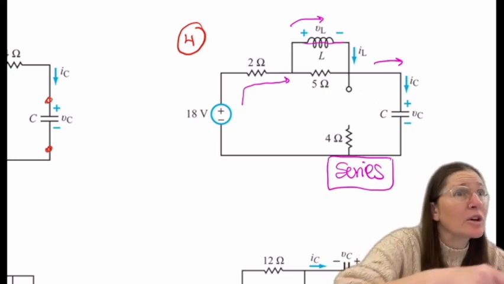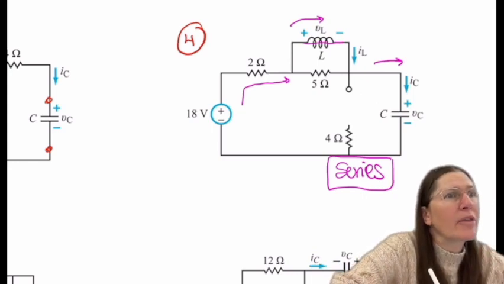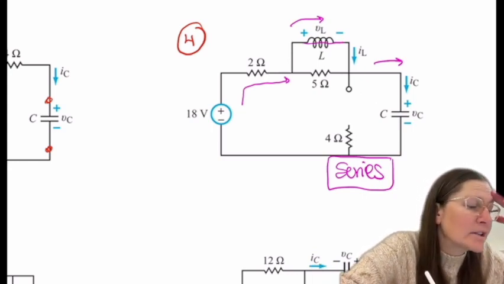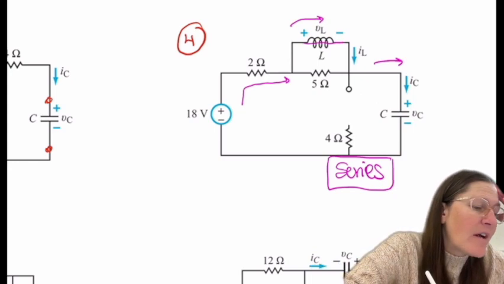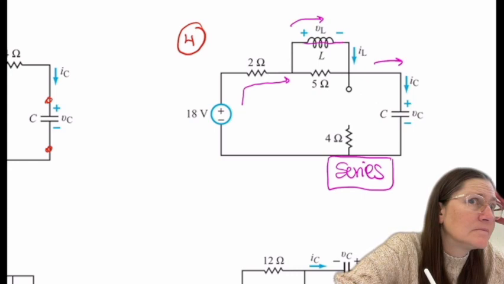If it's the same current flowing in one branch, thinking about the inductor as a wire, in this case you have to know what's going on with the 5. We could solve one part of that as series, but then there's the other current through that resistor that we have to solve for as well, but we could use superposition to handle that.